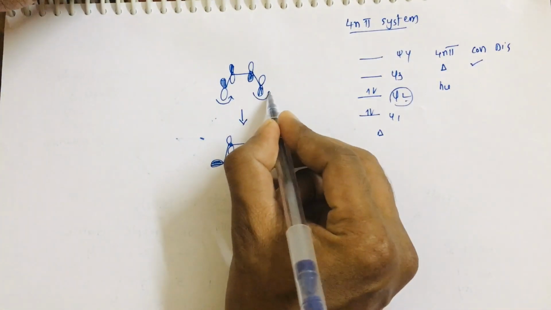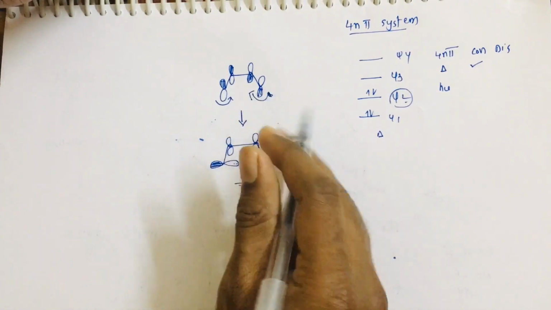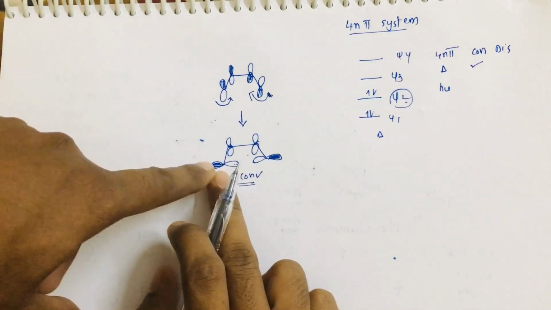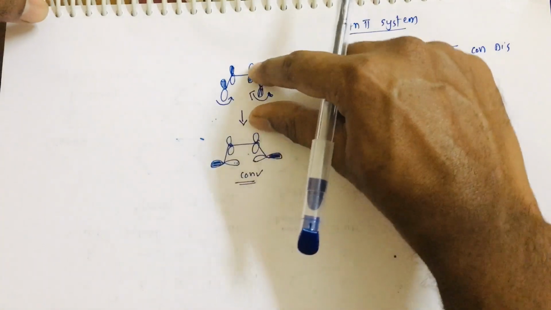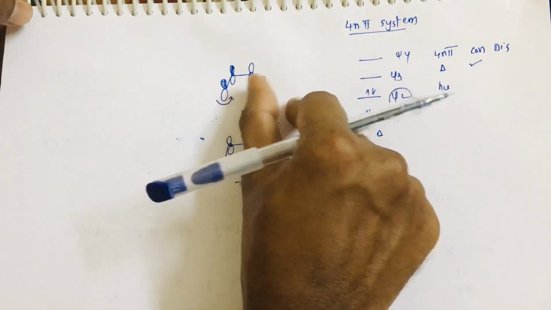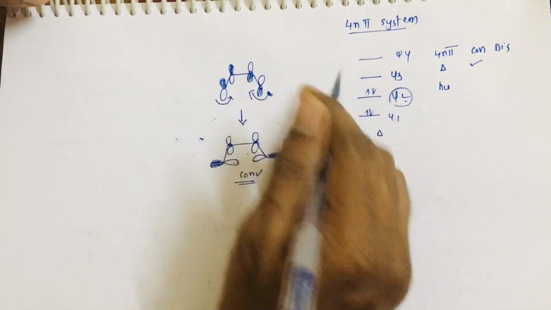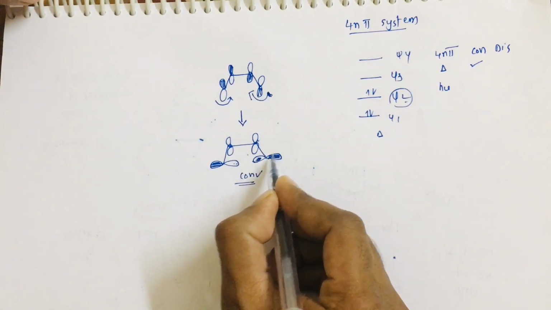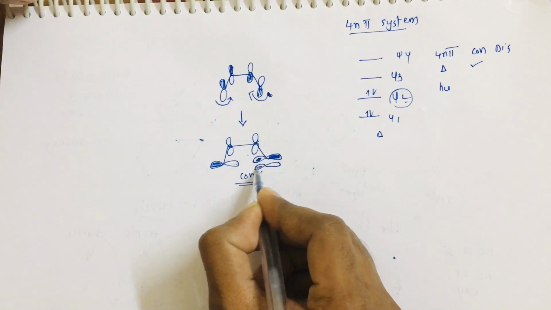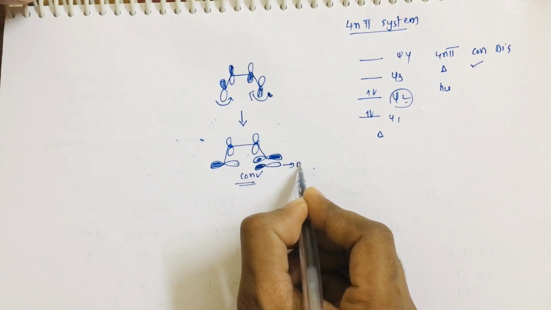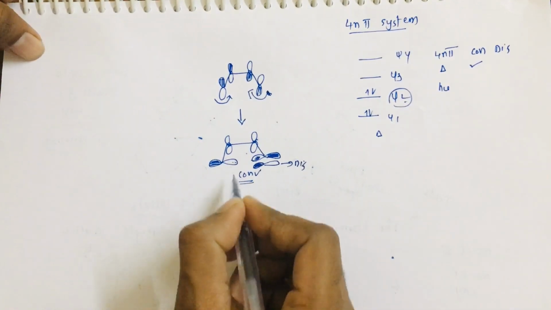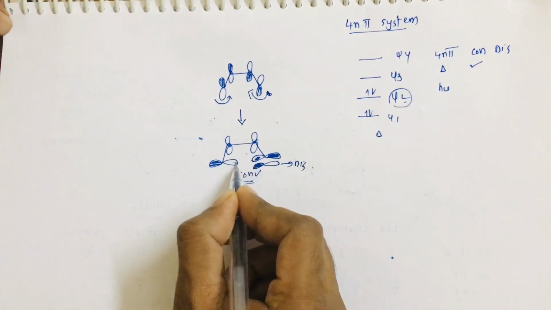Now we'll see the dis. So dis means we rotate this one in the opposite direction. So now this will be same, and here we are rotating this orbital in this way. That means the filled one comes towards your right hand direction, so left hand direction here, and here the empty orbital comes. So this is for this. Okay, and as we can see here, the two lobes are different here.